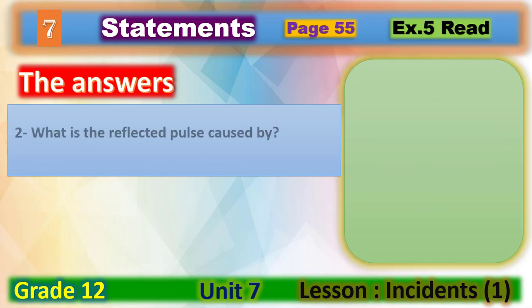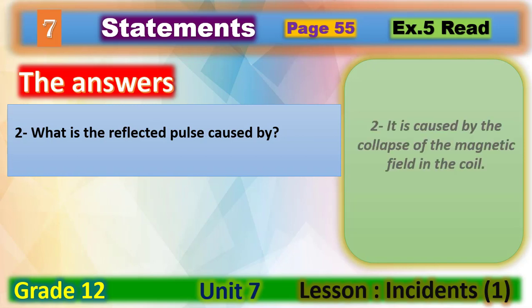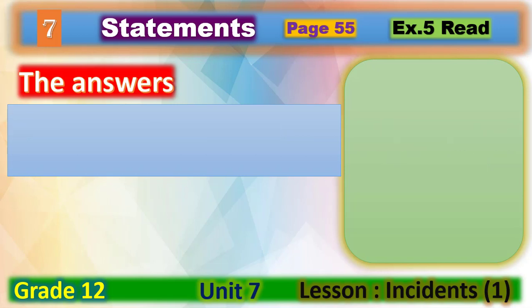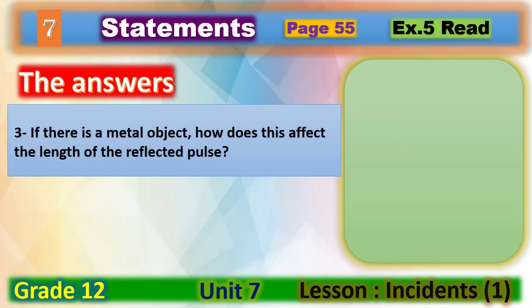Number 2. What is the reflected pulse caused by? It is caused by the collapse of the magnetic field in the coil. Number 3. If there is a metal object, how does this affect the length of the reflected pulse?